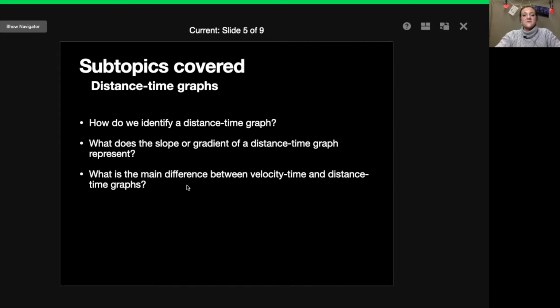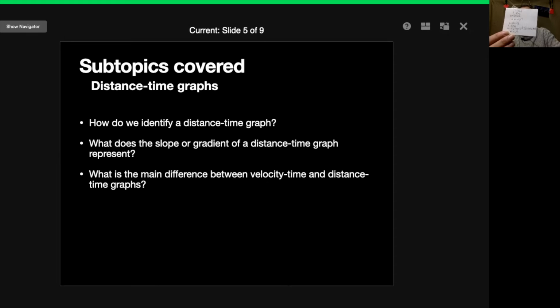What is the main difference between velocity time and distance time graphs? If you look at these equations over here that we discussed last time in a little bit of depth, you will see that velocity time is the calculation using distance.